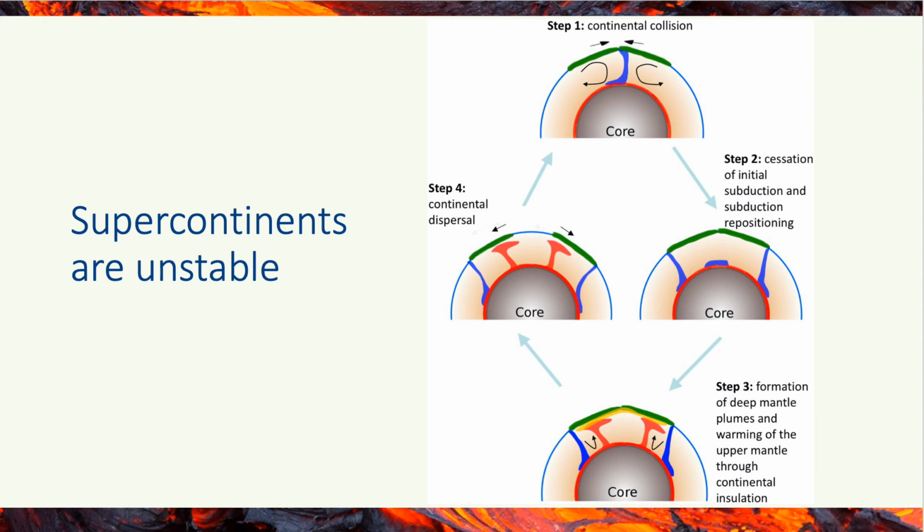The oceanic crust, which remains on the other side of the planet, if you like, in these large, almost planet-spanning oceans, will subduct at the edges of the continents. And the only way to accommodate any more movement within the mantle is for this melting material to find a way up under this supercontinent that we formed.